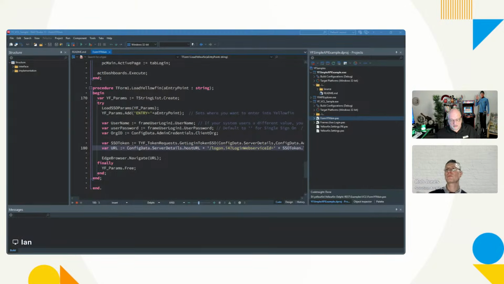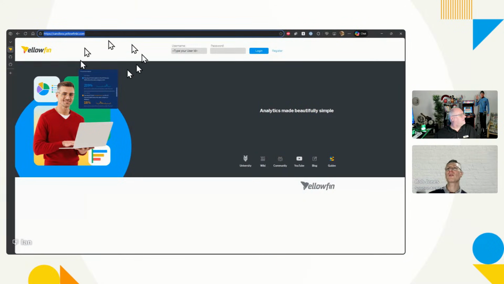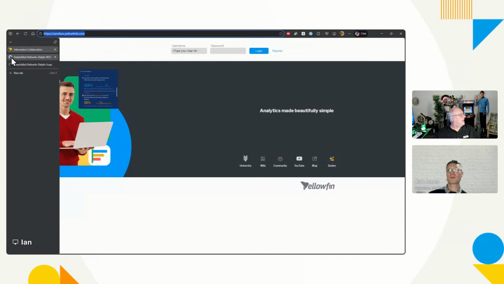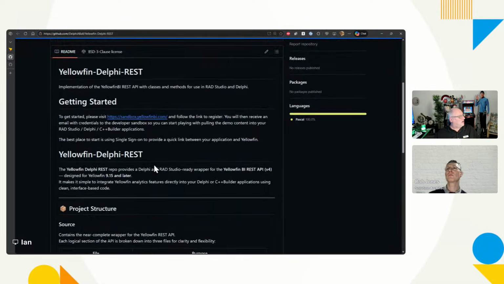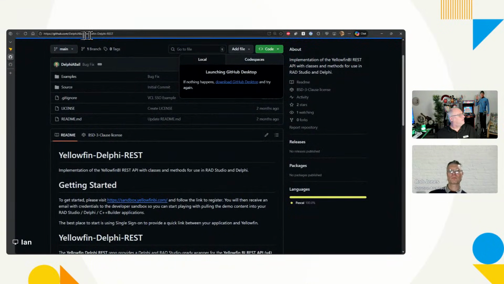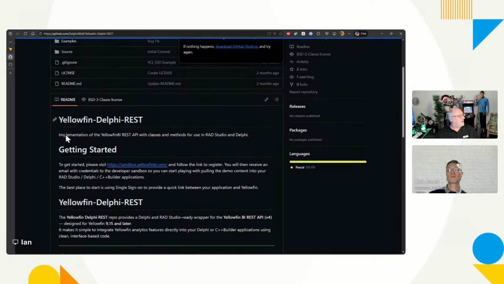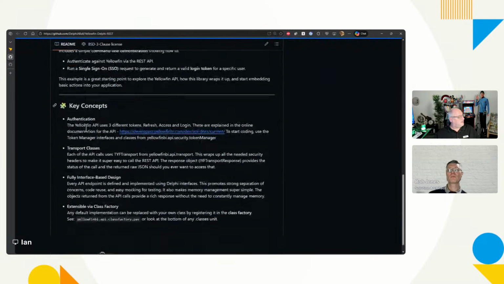And if I put that up now, this is the sandbox, but here are the examples on the internet. So go to github.com, Delphi a ball, yellowfin-delphi.rest. It's all available on the internet.